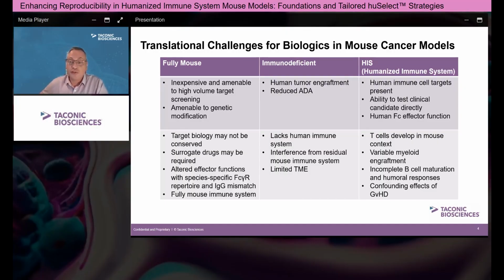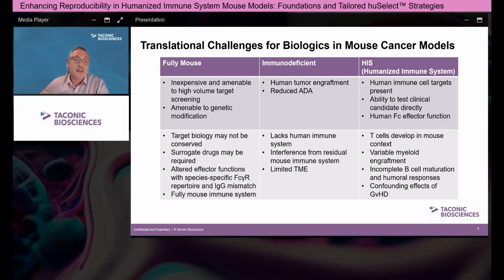Depending on the type of model you're using, there can be variable myeloid cell engraftment and limited immune lineages, which may be important depending on the mechanism of action of your drug target. Finally, one well-known limitation of humanized immune system models are incomplete B-cell maturation and incomplete humoral responses.